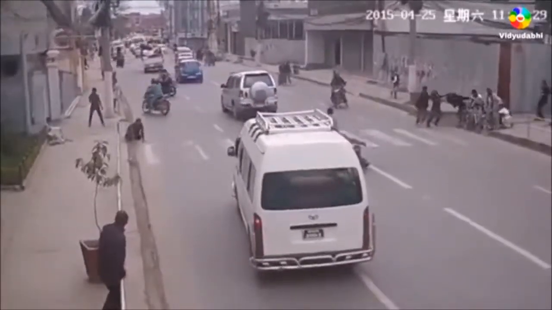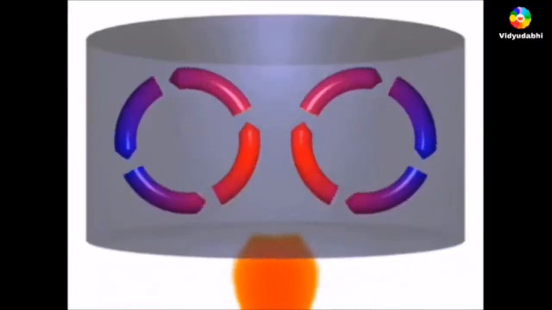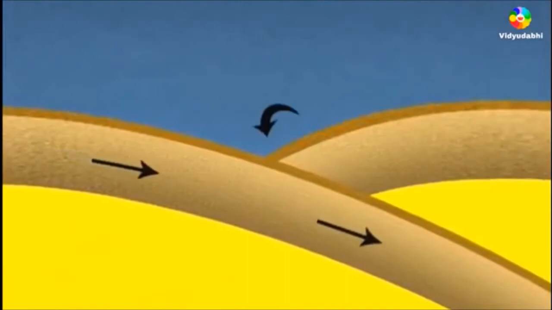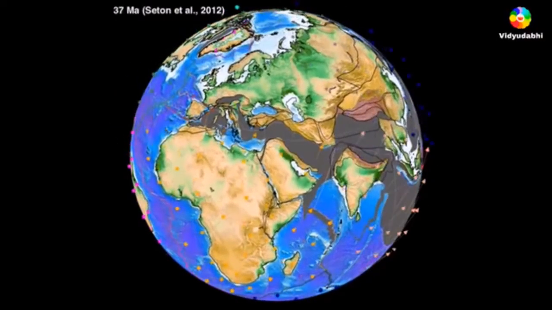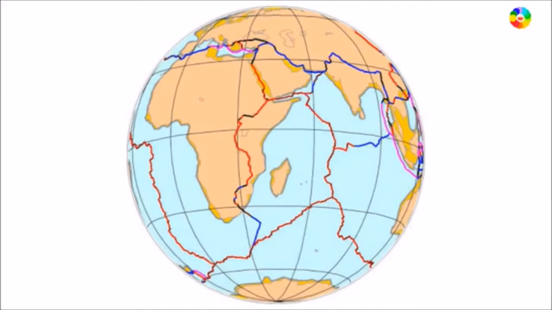Of these, approximately 100 are of sufficient size to produce substantial damage if their centers are near areas of habitation. Very great earthquakes occur on average about once per year. Over the centuries, they have been responsible for millions of deaths and an incalculable amount of damage to property.